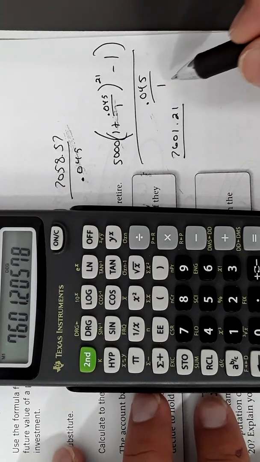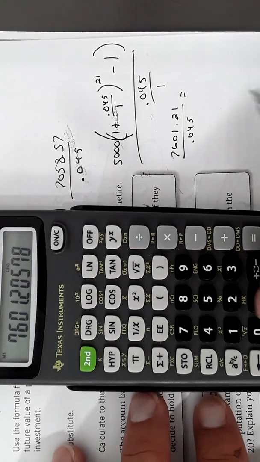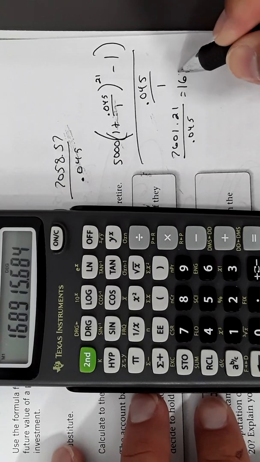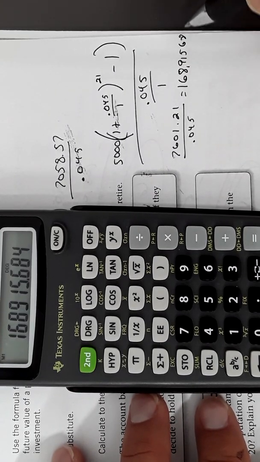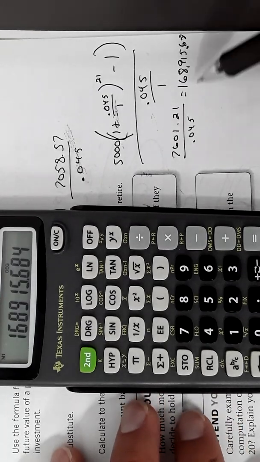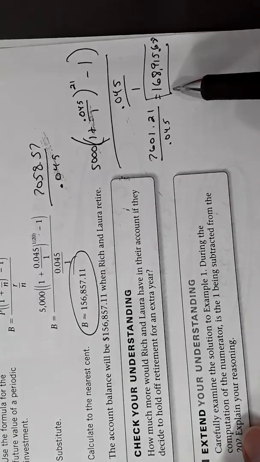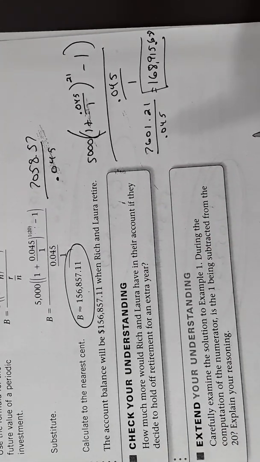In this case, 0.045 divided by 1 is just 0.045. They end up with $168,915.68. So a little bit more just by holding off for a year. 168,915 versus 156,857. Okay.